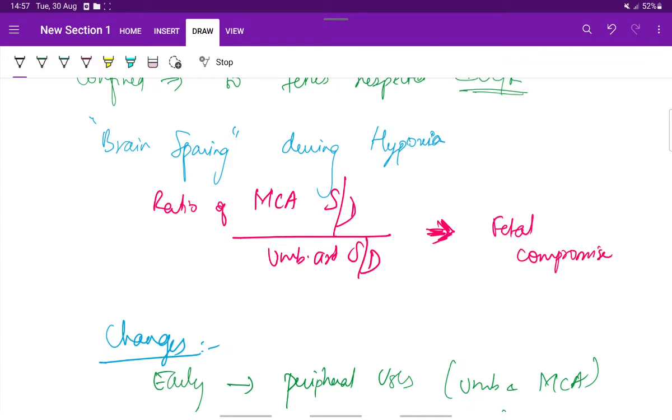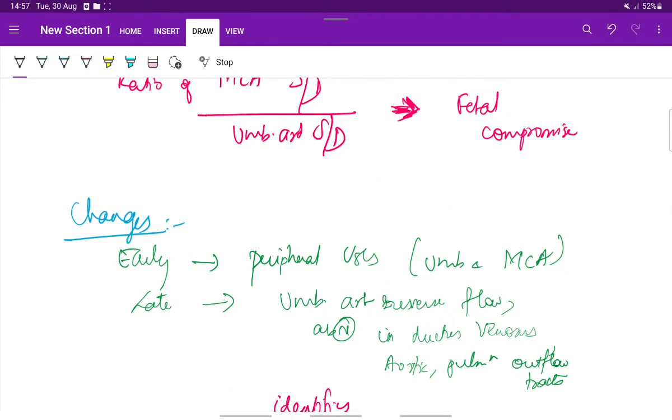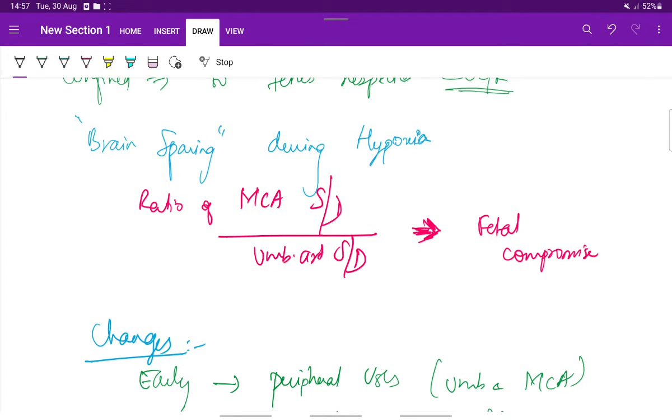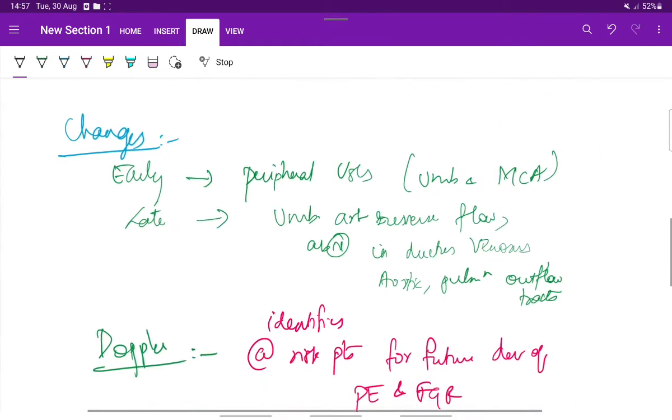So, we take the ratio of middle cerebral artery systolic to diastolic blood flow to the umbilical artery systolic to diastolic blood flow to see if there is any fetal compromise. In case of fetal compromise, there will be increased middle cerebral artery flow and decreased umbilical artery diastolic flow.